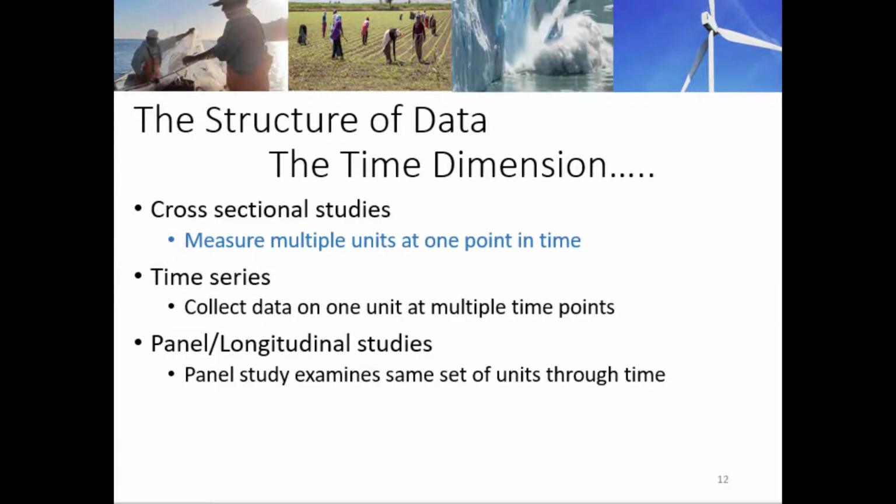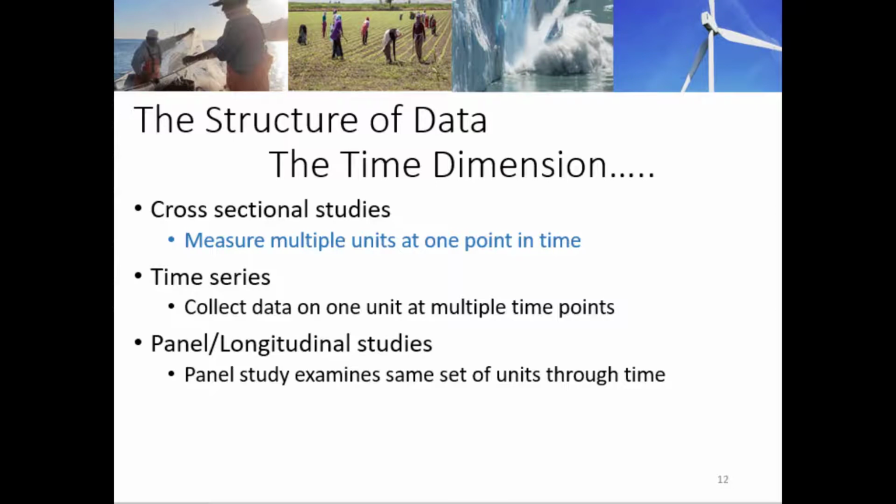A few more things to think about before we jump into a study that I, along with some colleagues, conducted, and that is the structure of data. And here, let's think about the time dimension. Data may be collected at one point in time, and we typically call that cross-sectional data. So it's measuring multiple units at one point in time. Time series data is collected on one unit, but at multiple times.